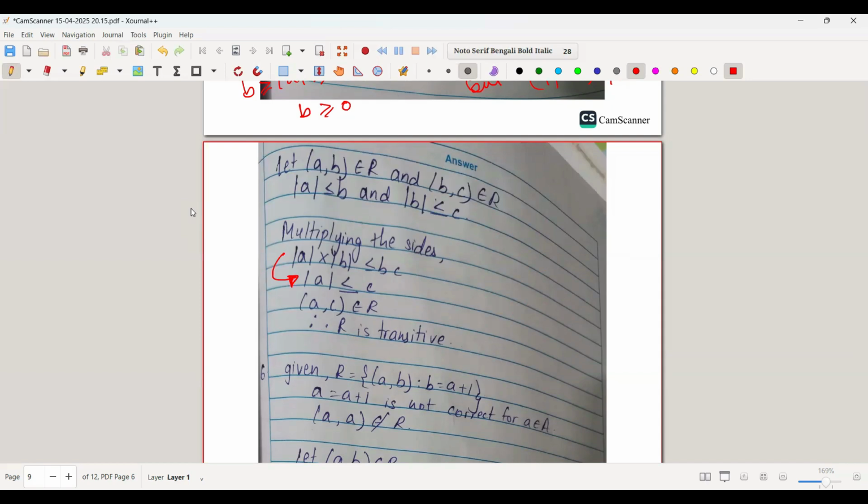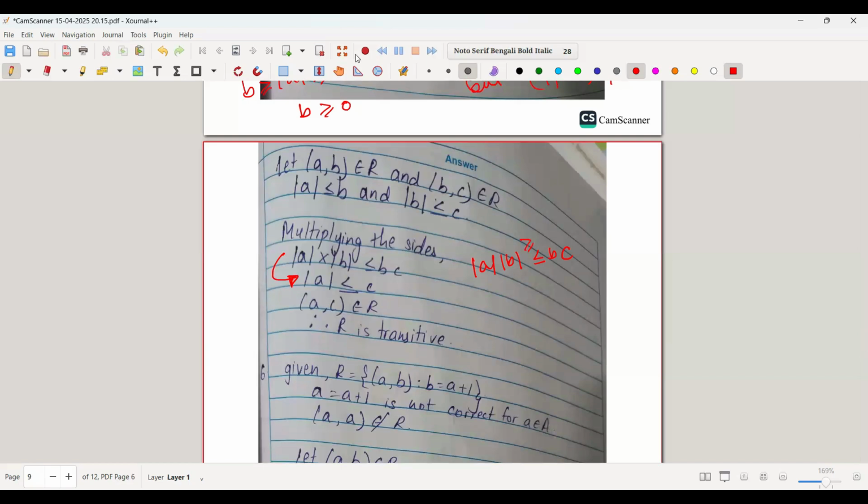One is mod B and the other is only B. If you multiply these two, the sign may change from less than or equal to greater than or equal to.